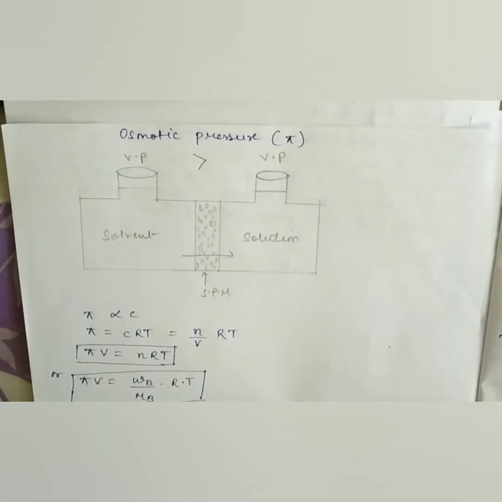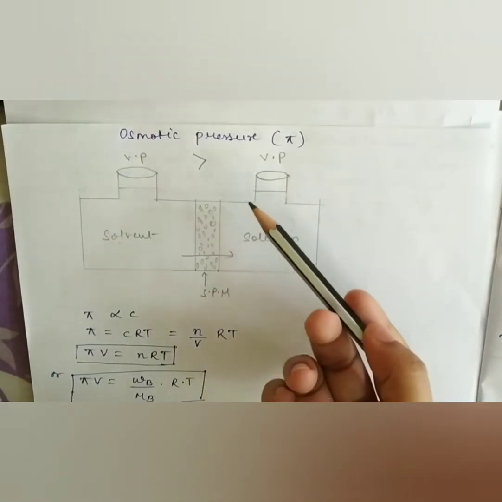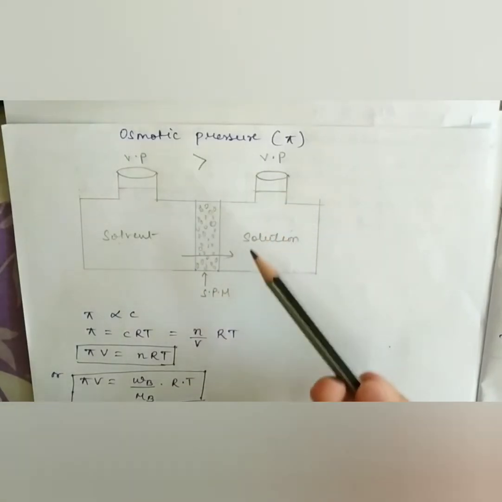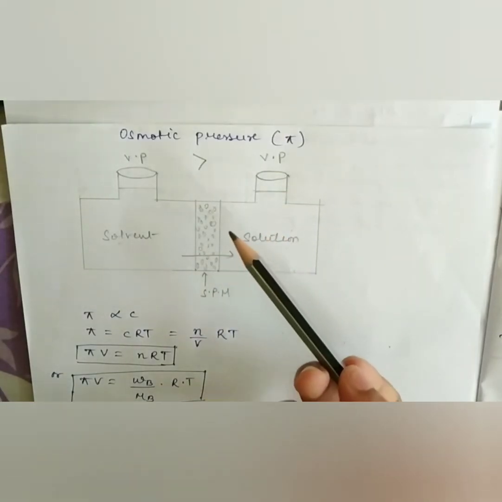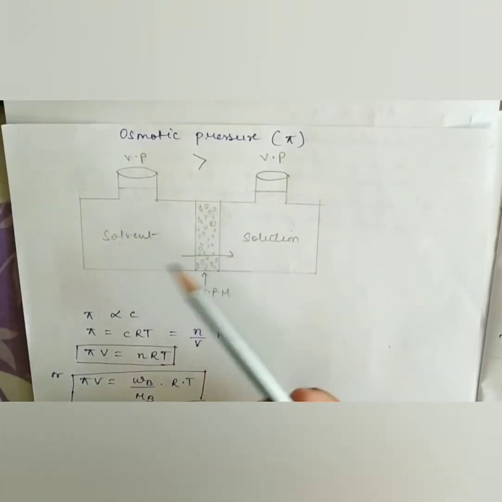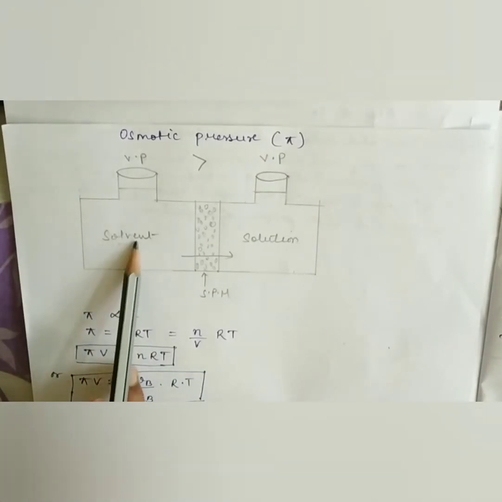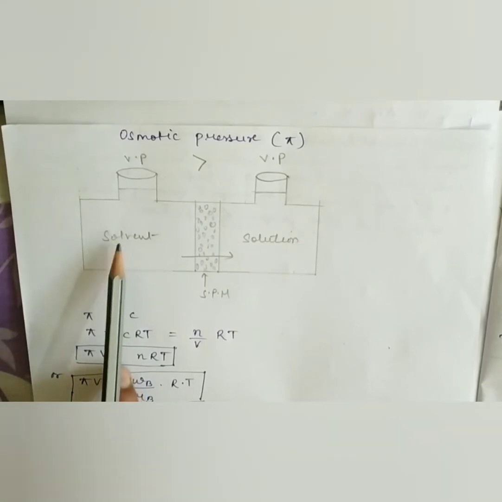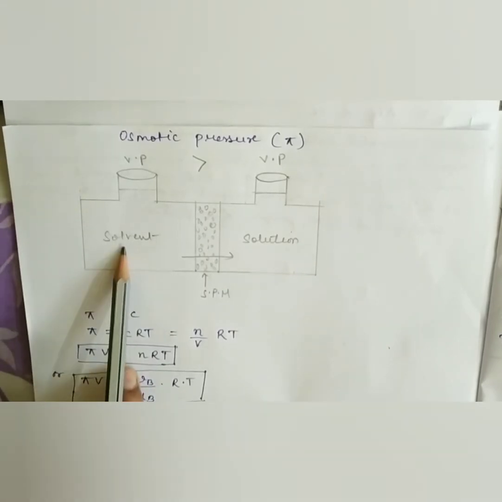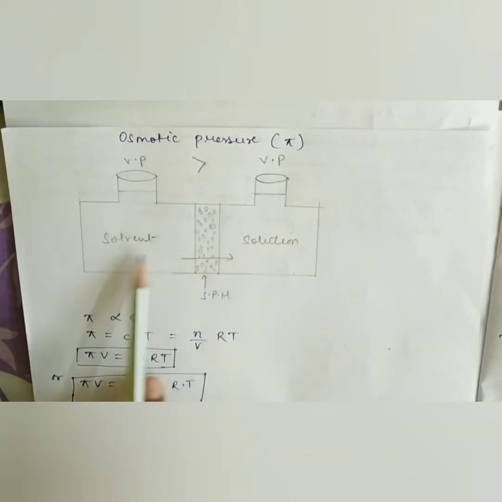Or it can be defined as the critical external pressure applied on the solution to stop the osmosis when the solution is separated from its solvent by an SPM. Or we can say that osmotic pressure may be defined as the critical suction pressure applied on the solvent side to stop the osmosis when the solvent is separated from its solution by an SPM.